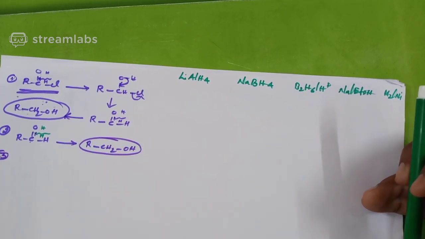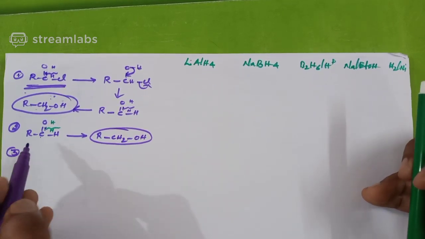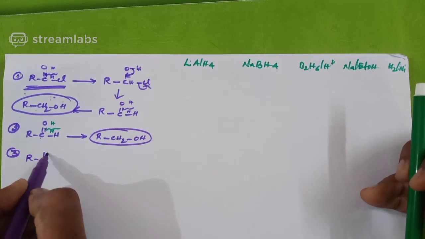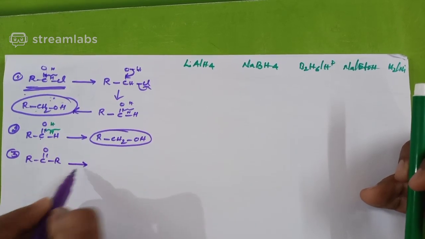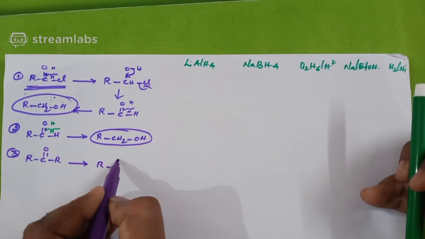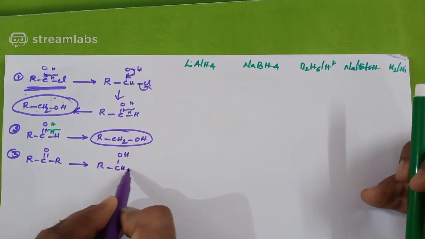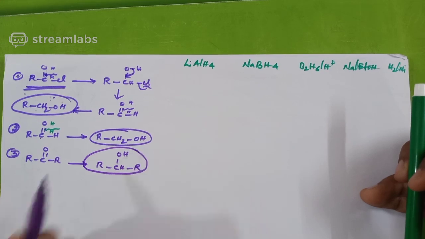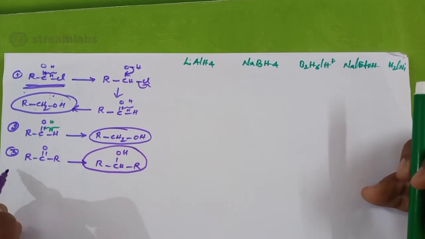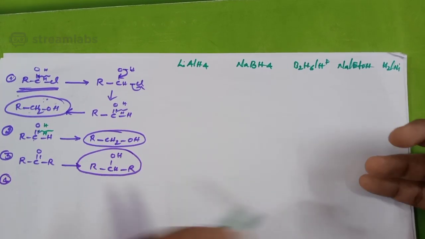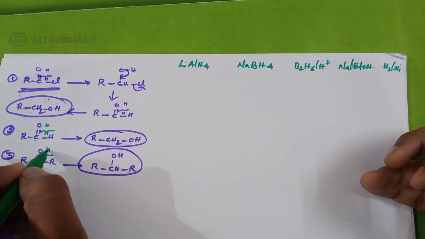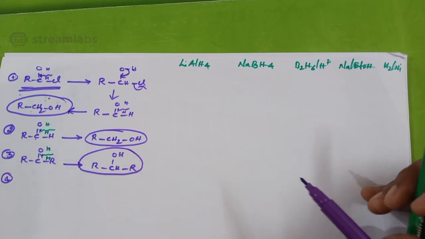If I use the third one, RC double bond OR, ketones, the ketones under reduction give RCOH HR. That means we got secondary alcohols, and this is the cleavage, keep hydrogens on both sides, reduction.